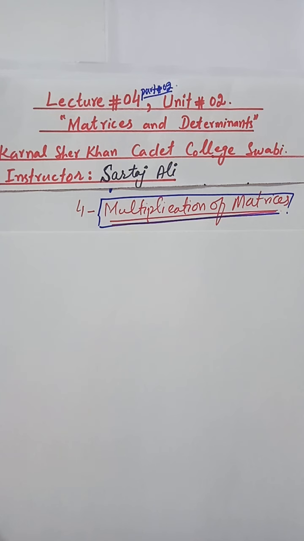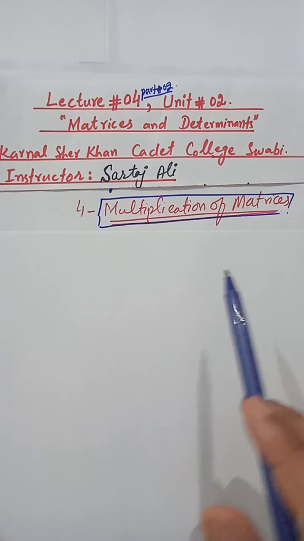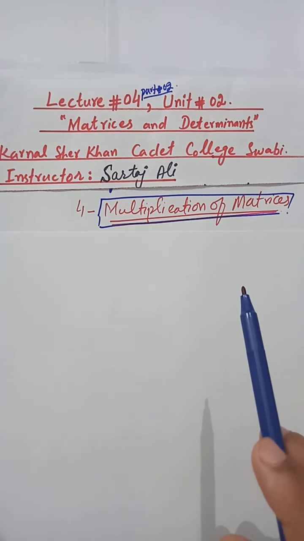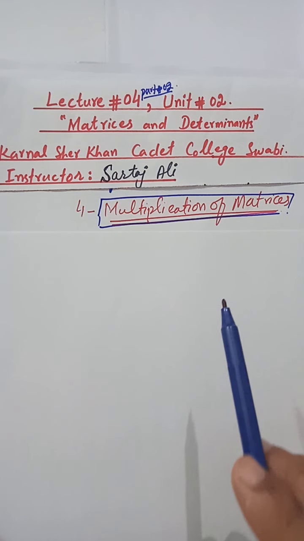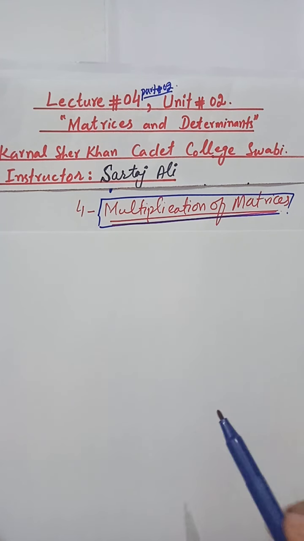Multiplication of matrices was discussed in the previous video lecture. Before discussing the new topic in this video lecture, I will briefly take an example of two matrices and perform their multiplication.